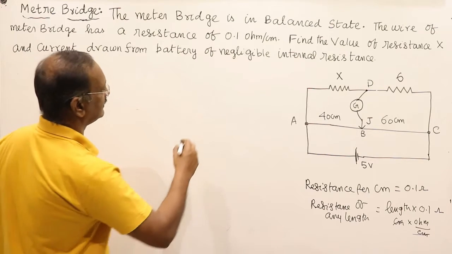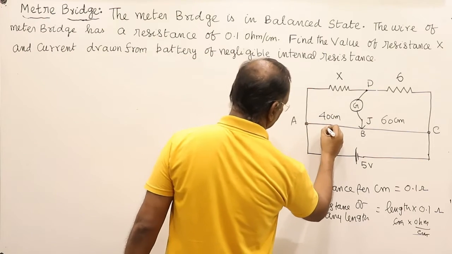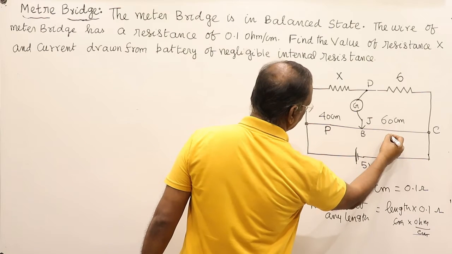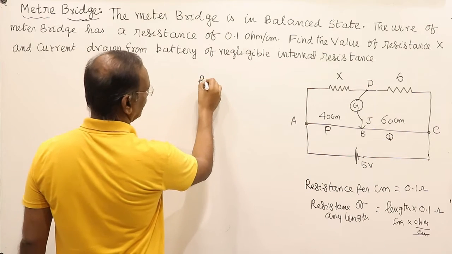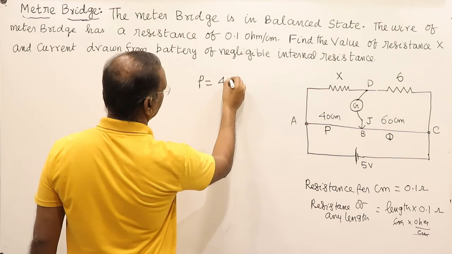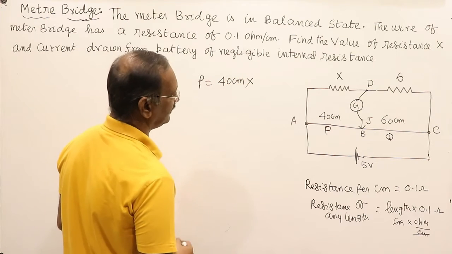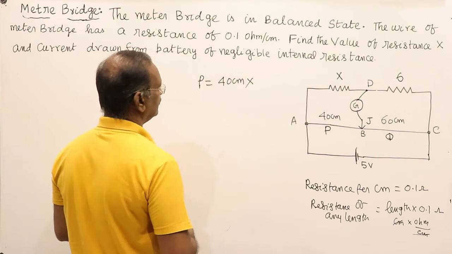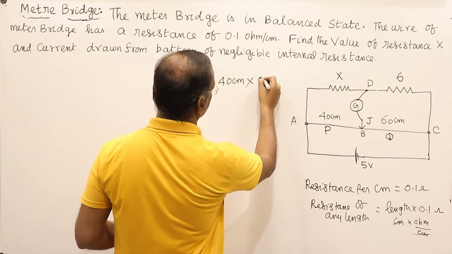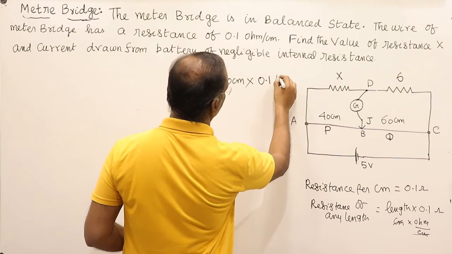Okay, now 40 centimeter. What is the resistance of this one? This we can call P and this we call Q. So now P is equal to 40 centimeter, and per centimeter the resistance is 0.1 ohm per centimeter.